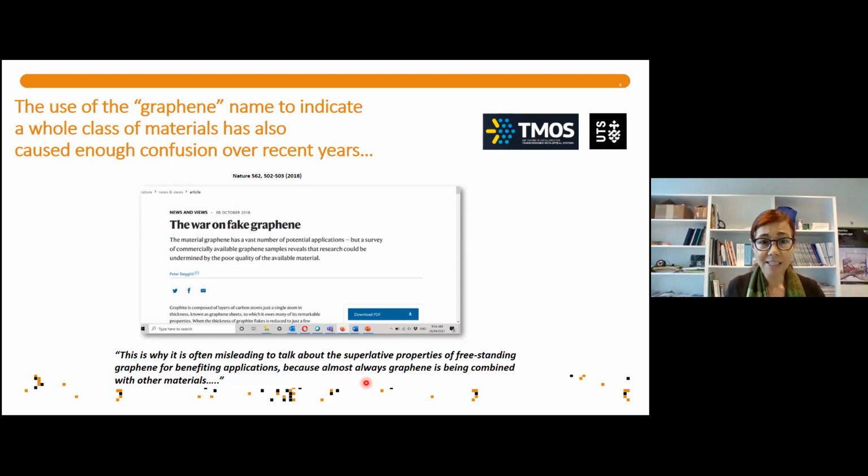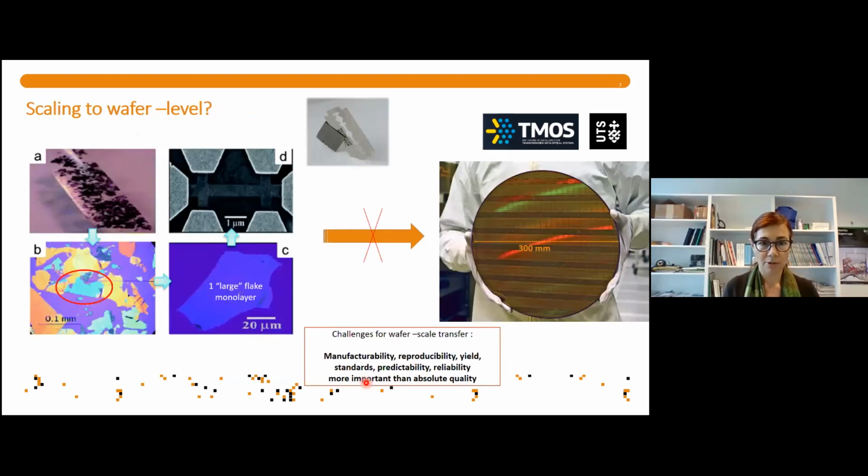But in reality, most probably, this is not the graphene that one is going to use for actual applications. So all of this contributes to a lot of confusion. And I think in recent times, maybe things have been converging again, but this is something that people have to definitely be aware of when talking about graphene. So that's the second point I wanted to make.